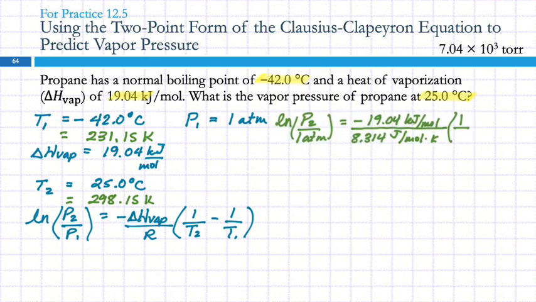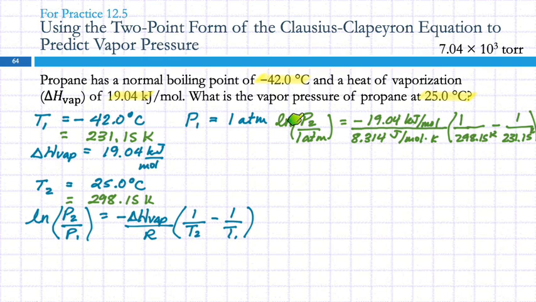So we've got 1 over 231. No, we want 1 over T2. 1 over 298.15 minus 1 over 231.15. And both of those are Kelvin. Just kind of squeezed it in there. So this is the one that we don't know.